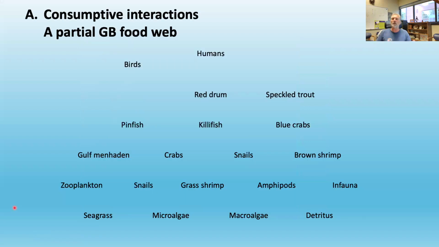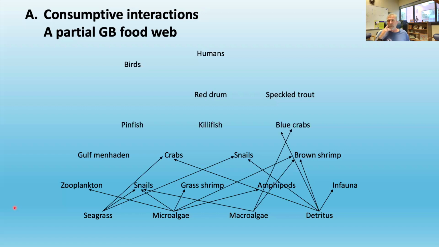All right, so if you look at a food web or a partial food web here in the Galveston Bay system, this would be fairly representative of most communities in, say, West Galveston Bay, right? And so you have your autotrophs, right? And then you have your low level, first level consumers.